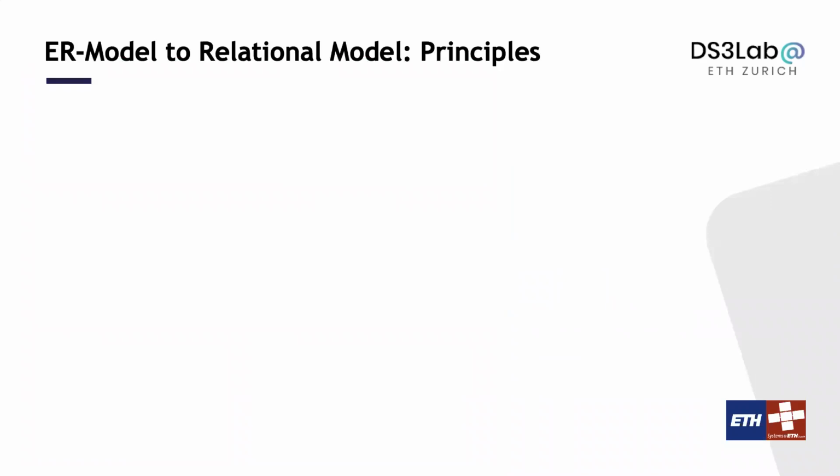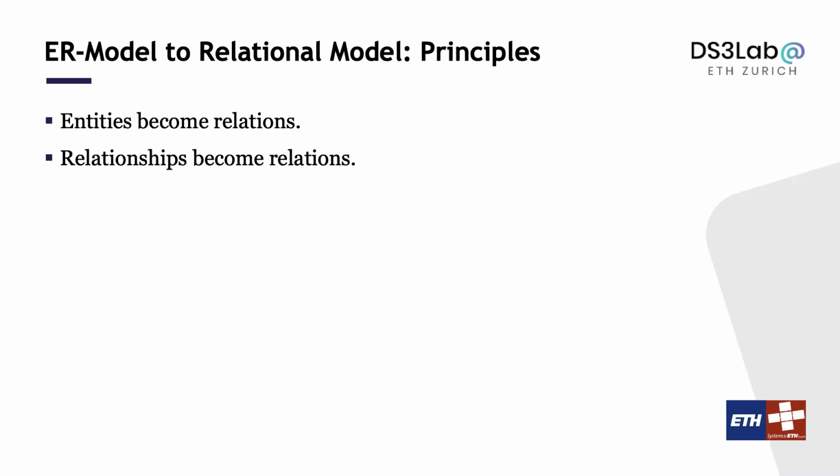Whenever you are doing this type of translation, what is the principle? The principle is that all the entities in the ER model become relations in the relational model. Pretty much every single entity set will become a table. Relationships in the ER model will also become relations in the relational model.